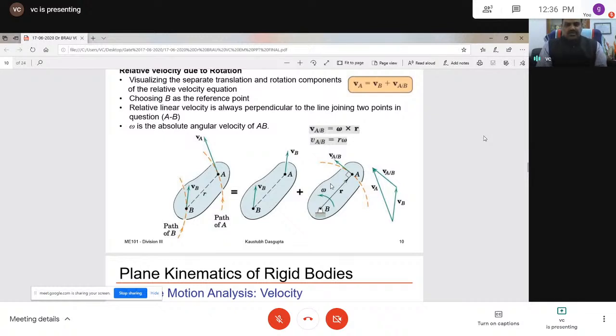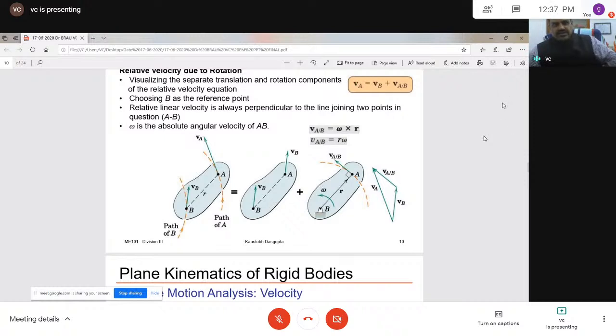Tomorrow we are going to discuss the same thing, how to solve the problem by using D'Alembert's principle, or in subsequent classes, work-energy and momentum impulse. That means the same problem can be solved using any of these. You will get the same equation, same result. But depending upon the data given in the problem, you have to determine what type of equations we are going to have.